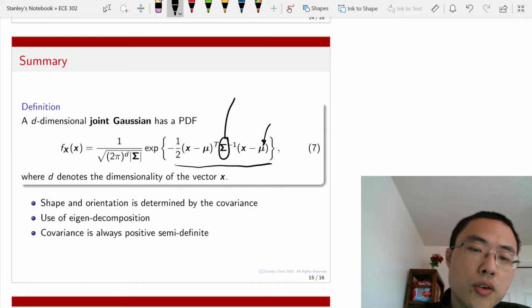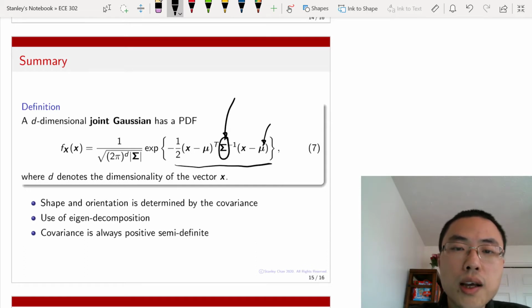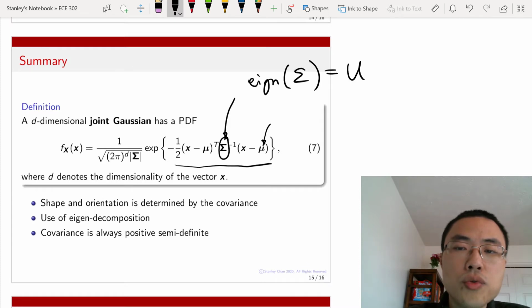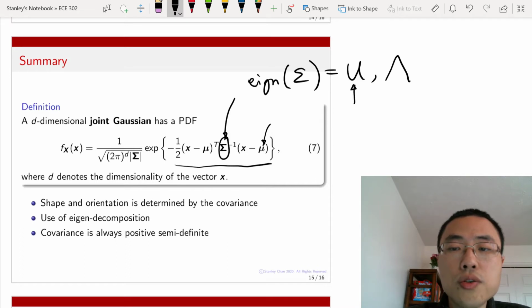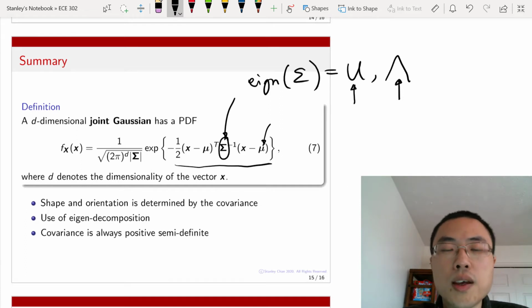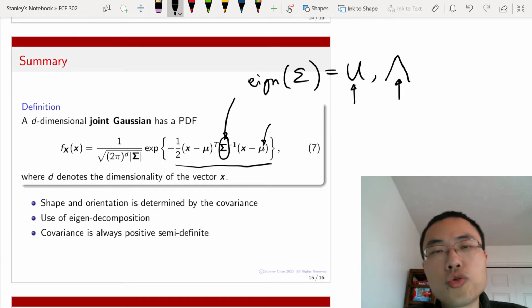The shape and orientation given by this sigma is determined by the eigendecomposition. So you run the eigendecomposition on sigma, then you will obtain this U and lambda. This U will tell you the orientation, and this lambda will tell you the radius of the major axis and also the minor axis. And we've gone through some examples illustrating how different sigmas will give you different shapes of the Gaussians.